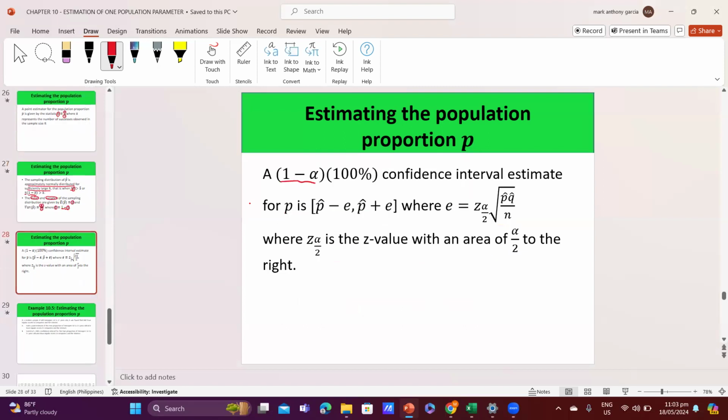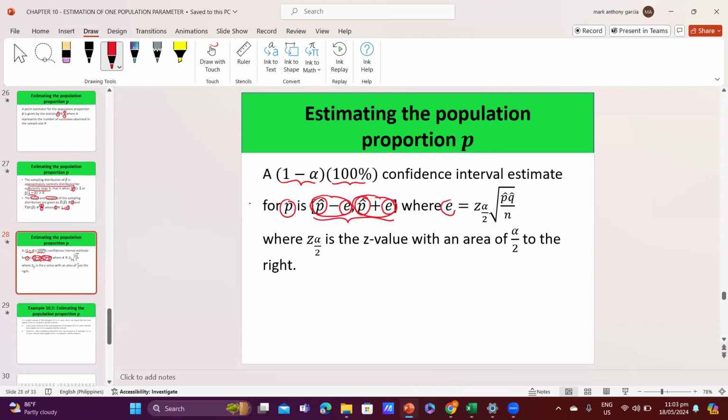A 1 minus alpha times 100% confidence interval estimate for the population proportion P is given by this formula. The lower bound is the sample proportion p hat minus the margin of error, and the upper bound is the sample proportion p hat plus the margin of error.